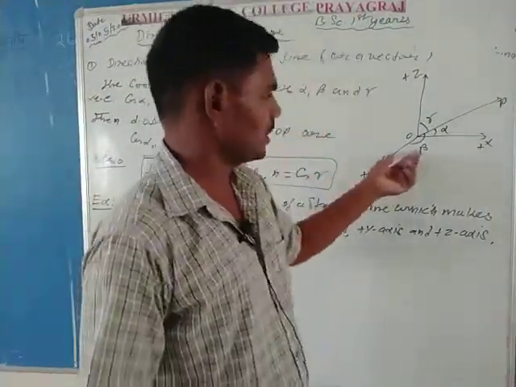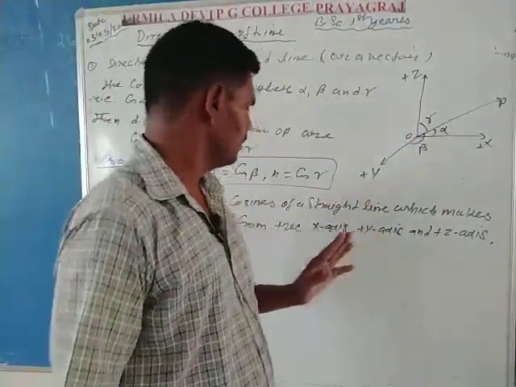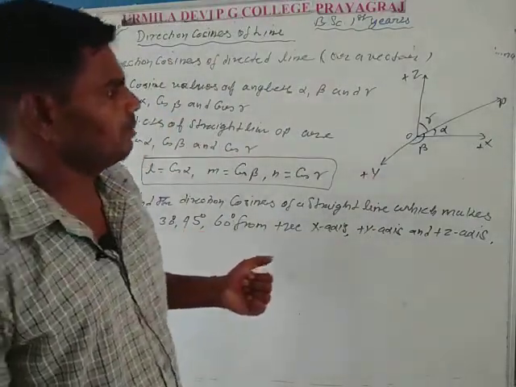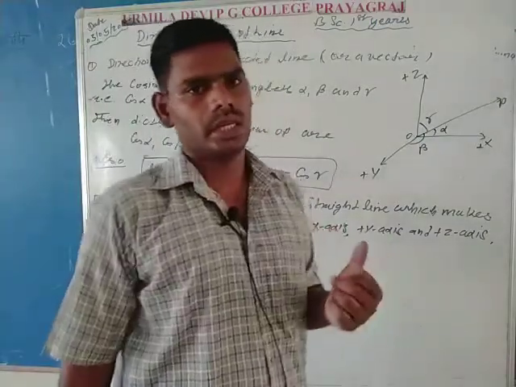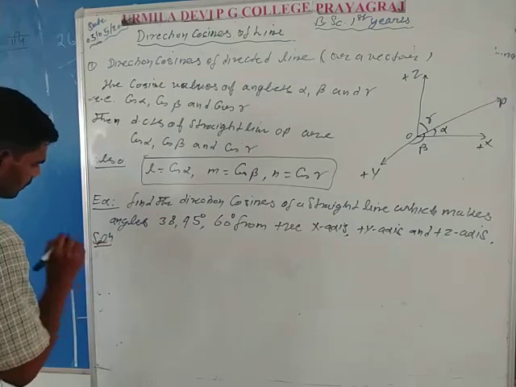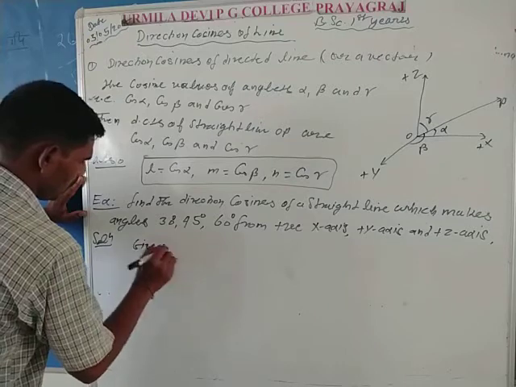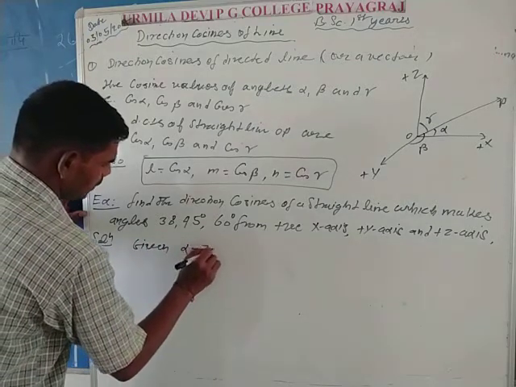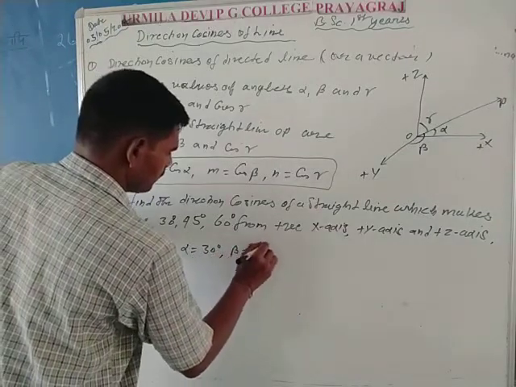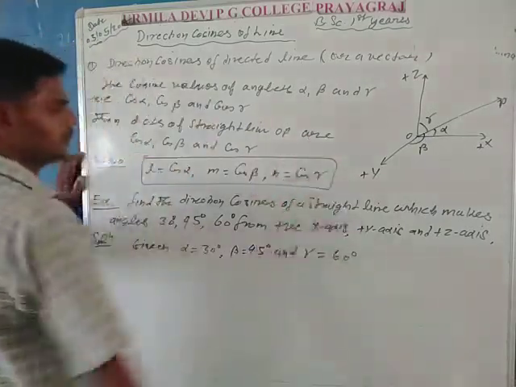So from the question, it is clear that the value of alpha is equal to 30 degree, the value of beta is equal to 45 degree, and the value of gamma is equal to 60 degree. So here in the solution, the given angles are alpha equal to 30 degree, beta equal to 45 degree, and gamma equal to 60 degree.